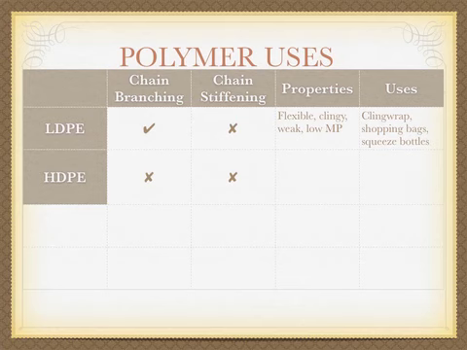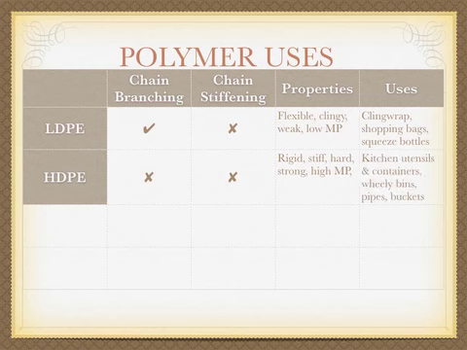High density polyethylene does not have any chain branching, so therefore it can't have any chain stiffening, but because it packs together so closely, it now is rigid, stiff, hard, strong, and has a high melting point. So this is good for uses such as kitchen utensils, containers, wheelie bins, pipes, buckets. The chairs you sit on at SCAS are probably a form of polyethylene.